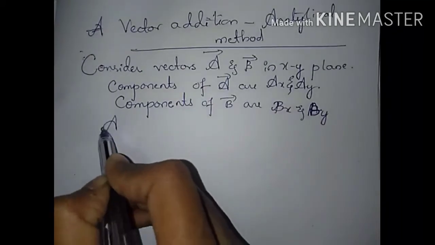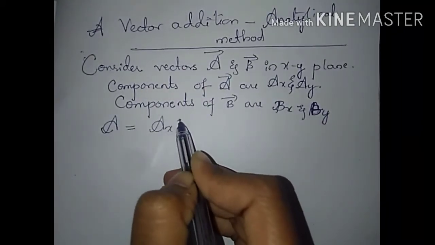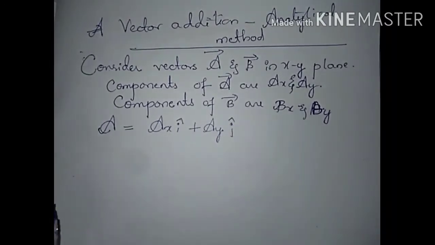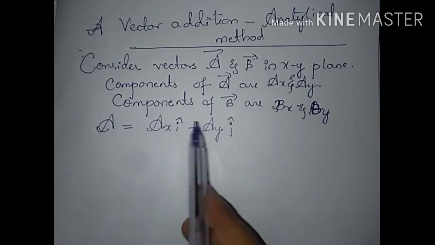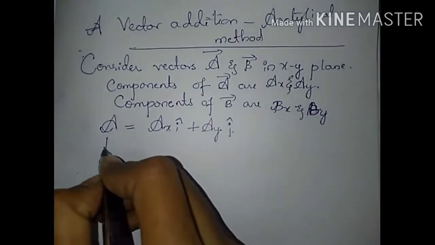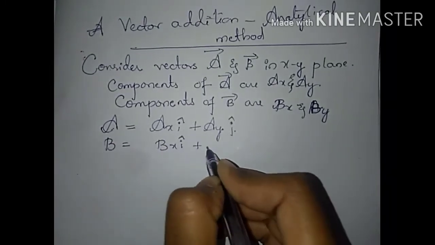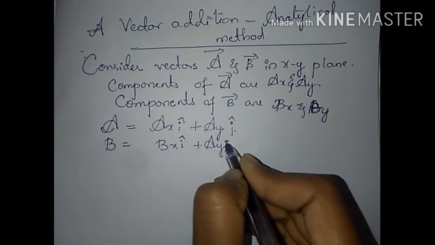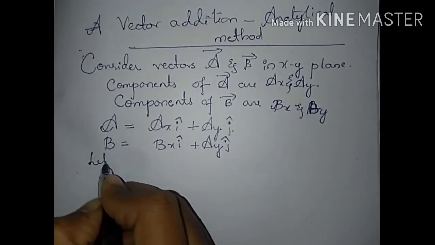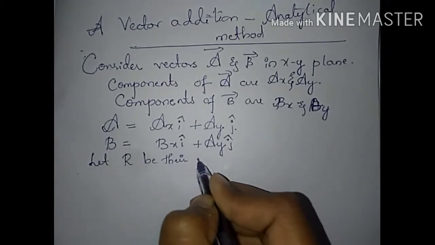Now this vector A can be written as Ax i cap plus Ay j cap. So this you already know. If you know the components of A, you can write them with the unit vectors. So B can also be written like this: Bx i cap plus By j cap. Let R be their sum.